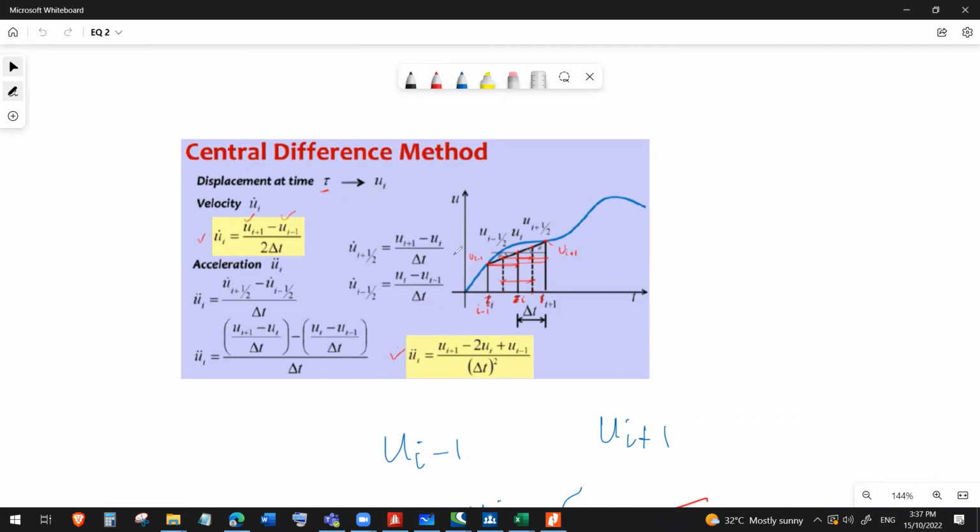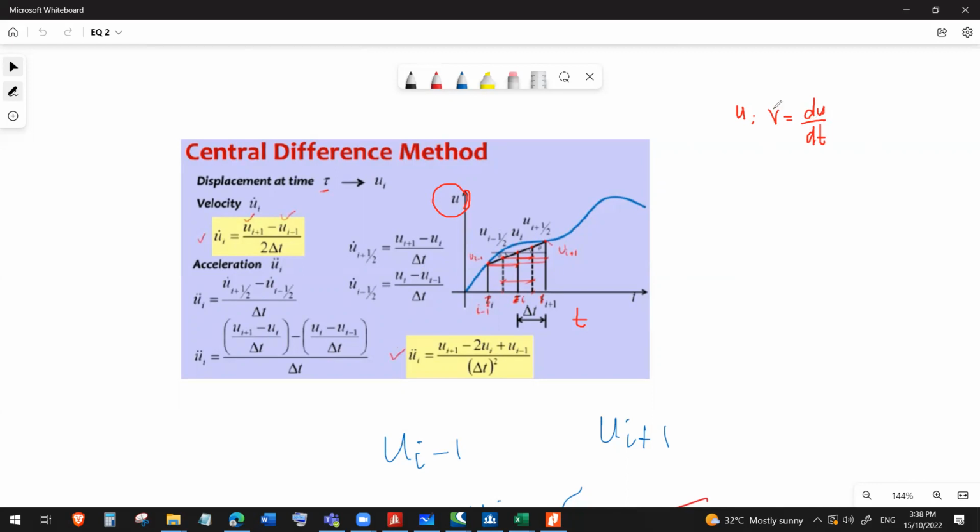So this is a displacement versus time curve. Okay. So anyway, this is just a derivation of the velocity. From calculus, remember, when u is given, to get the velocity, simply find the derivative du/dt.